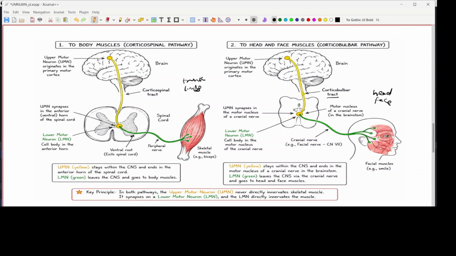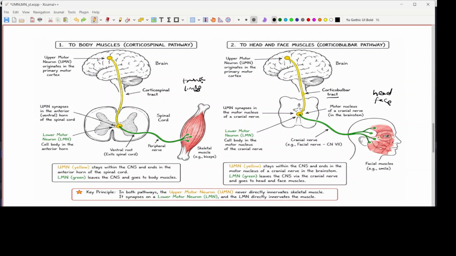Now, the lower motor neuron begins where the upper motor neuron ends. Unlike the upper motor neuron, the lower motor neuron directly innervates the effector organs. For example, this is a lower motor neuron innervating the skeletal muscles directly. The cell bodies of lower motor neurons can be located in one of two places.